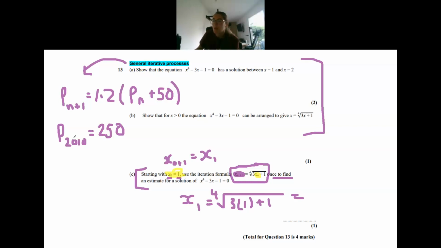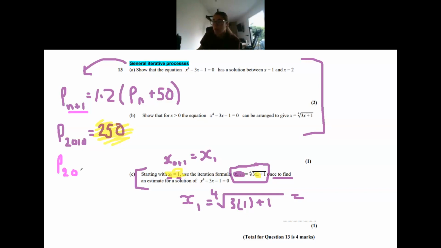So the population of bees in 2010 is 250. Iteration is a formula where you can then use an equation to find out the next value in the sequence. So you can only go next value, next value, next value. You can't jump to 2015 in one step.